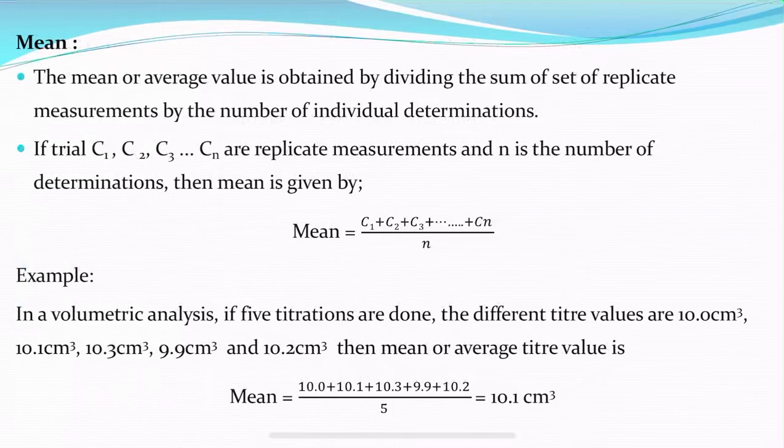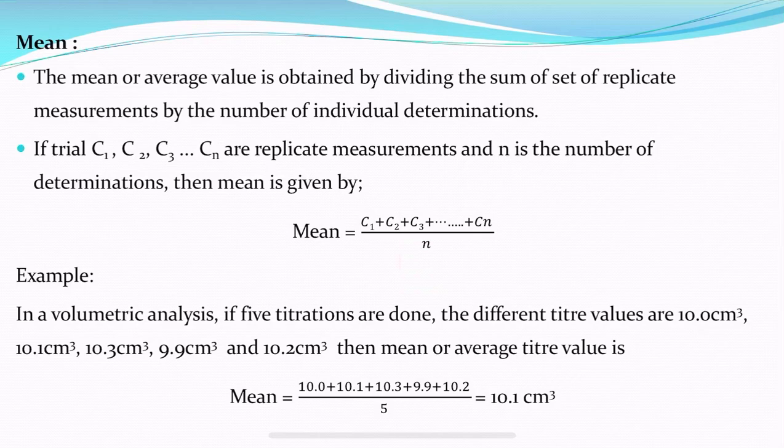If C1, C2, C3, up to Cn are replicate measurements, and n is the number of determinations, that is, the number of trials you have performed, then the mean is equal to C1 plus C2 plus C3 plus up to Cn, divided by n. In this way we calculate the mean.